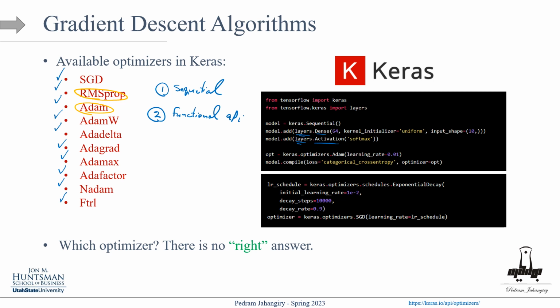You have access to every layer, you can customize them, and so it is a lot more flexible than the sequential one, but at the same time it is not 100% customizable, because you have to use some built-in functions and applications from Keras that come with the functional API.